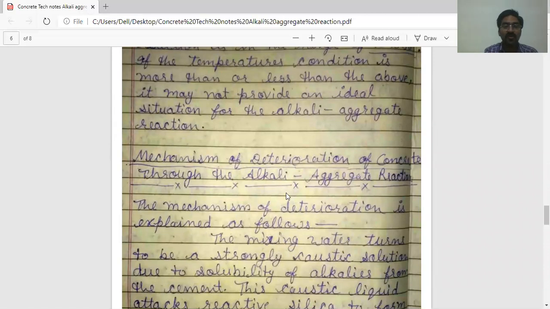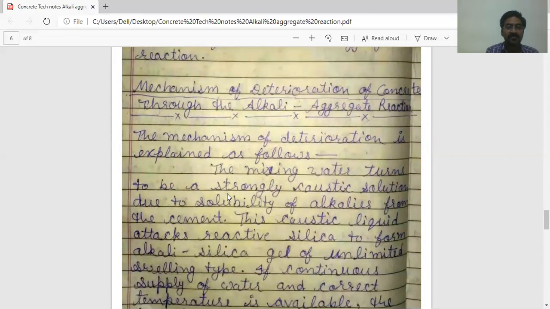Now, the mechanism of deterioration of concrete through the alkali aggregate reaction. Actually, the mixing water in cement or concrete turns into a strongly caustic solution due to solubility of alkalis from the cement. This caustic liquid attacks reactive silica to form alkali silica gel of unlimited swelling type, causing volume increase.